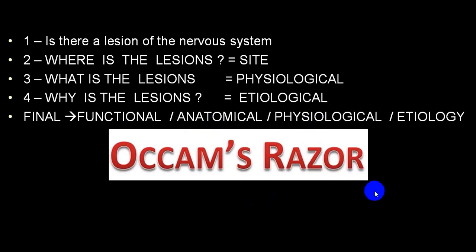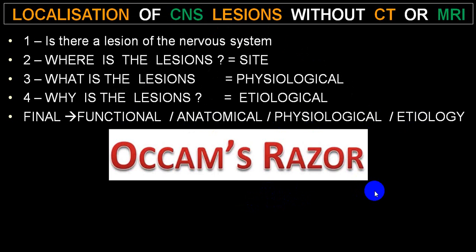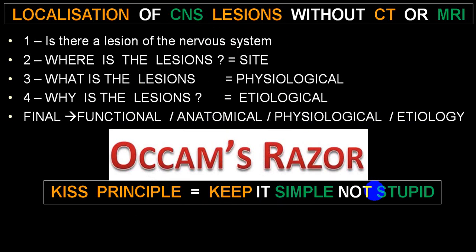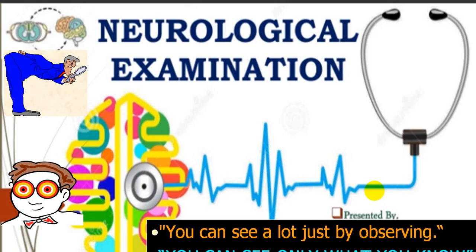It is always said that localization of a CNS lesion without CT or MRI should be possible if you take a proper, good history followed by a good CNS examination. So keep it simple, not stupid, is always the best way.